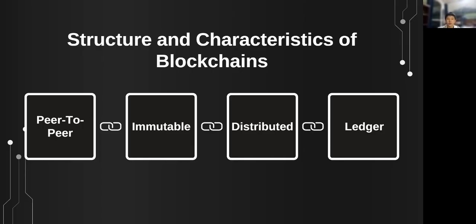And next is immutable. Immutable just means unchangeable. What this means is that data and transactions of blockchains cannot be changed. For example, the transaction data of people that were logged on blockchains cannot ever be changed.